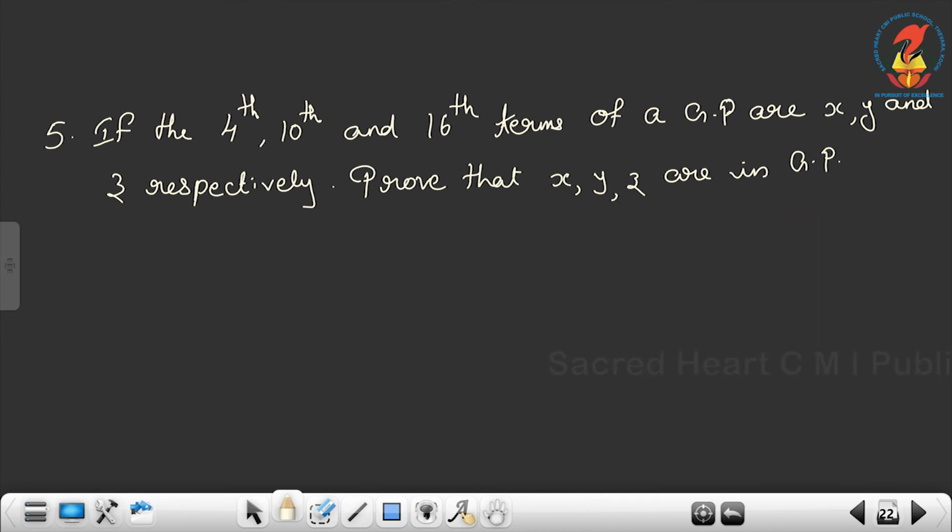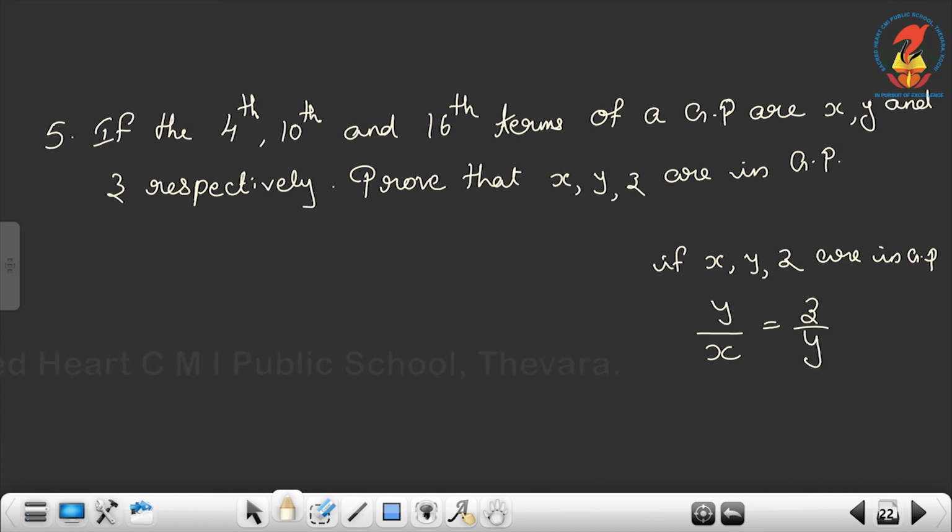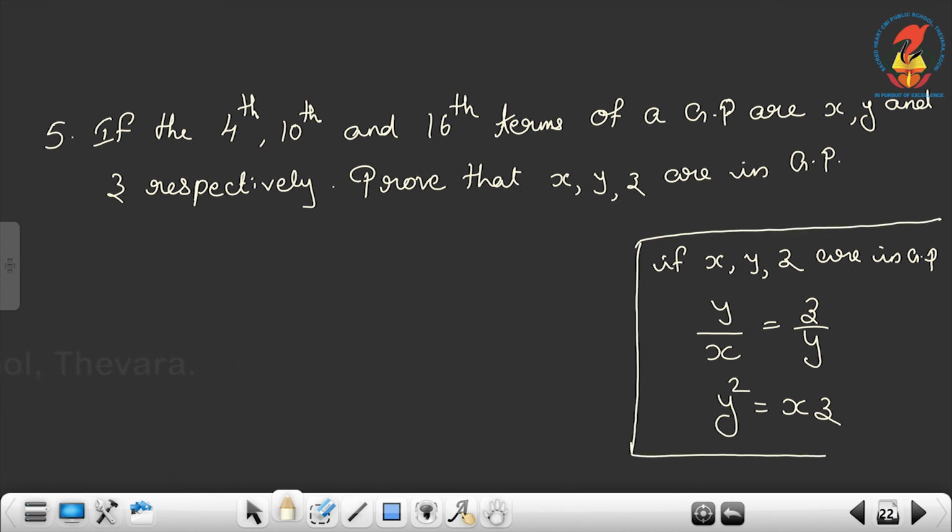If x, y, z are in GP, then we know that the second term by the first term is the same as the third term by the second term. When we cross multiply, we get y square is equal to xz. So this is the condition for three numbers to be in GP.